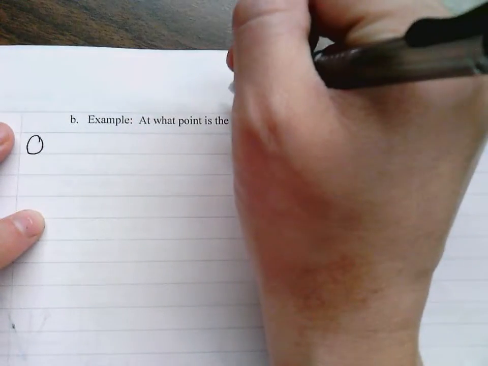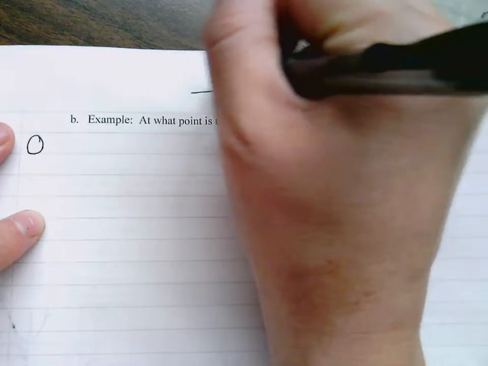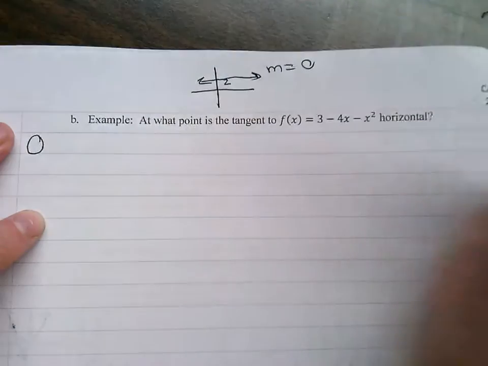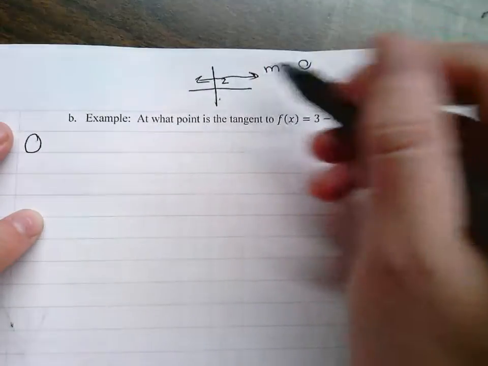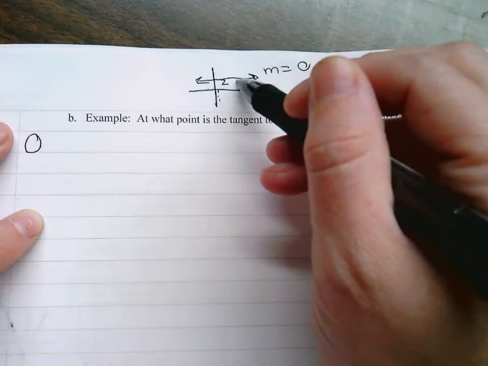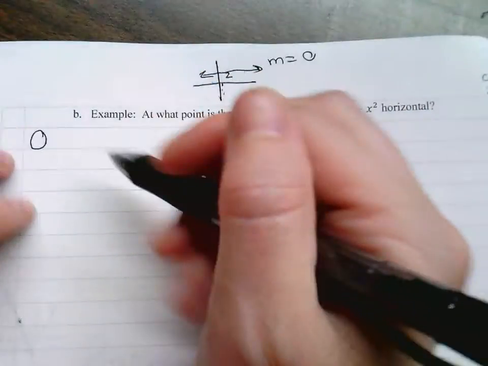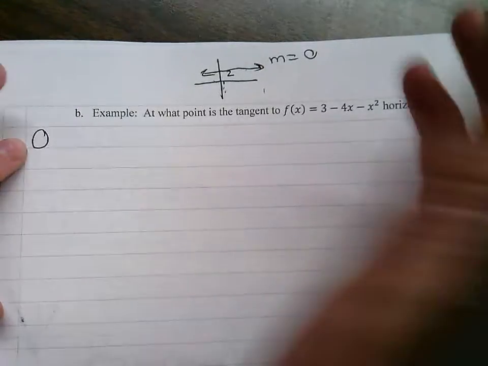If I had a line like y equals 2, my slope at y equals 2 is 0. That's what it looks like. Now this is a parabola, so I'm not saying it's going to look like this. It's going to look like something like that. So we're going to be looking at a maximum here. But anyway, at what point is the tangent to this horizontal?